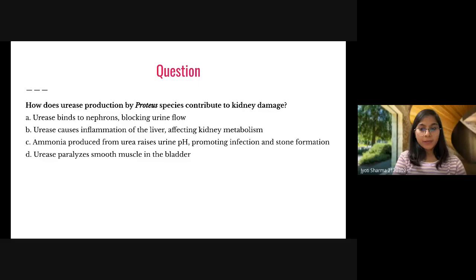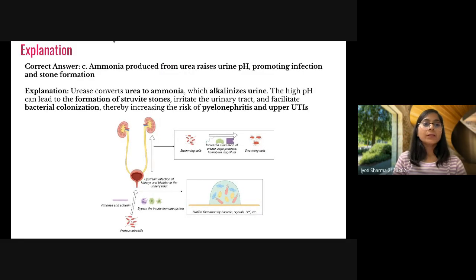Smita gave me answer C, and yes, I agree with C. We already have discussed this, so I don't think I should explain much about it. Just read the explanation here. Urease converts urea to ammonia, which alkalizes urine.